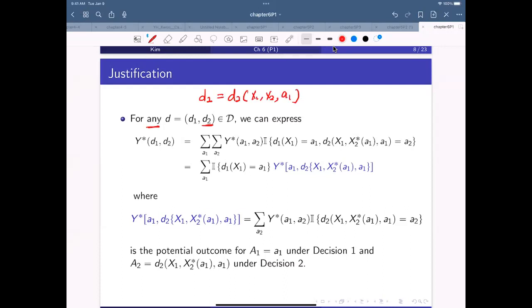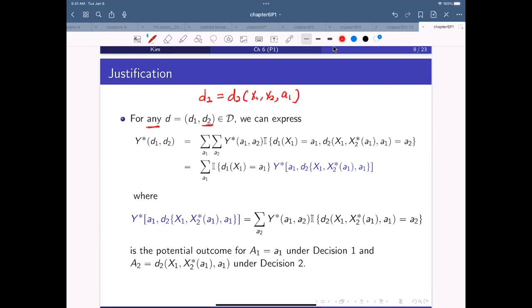Given the known function, no matter whatever the potential outcome is, that will be put into the input of this function, so that at the end of the day we can write this.